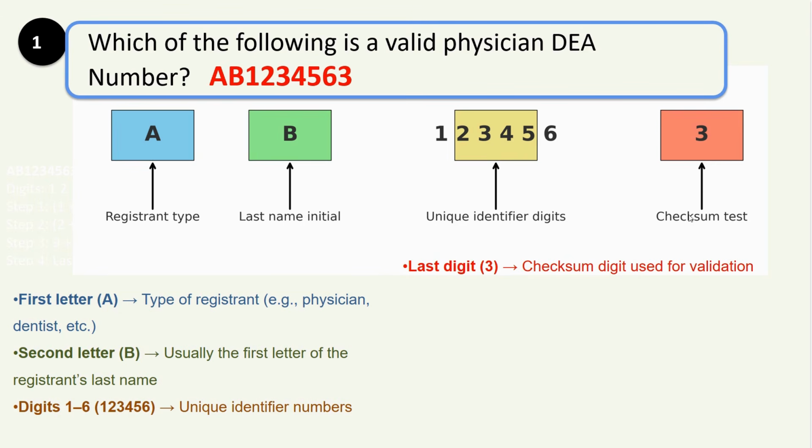So basically here I'd like to explain how this checksum test is used for validation. In this checksum test, the check number is 3.